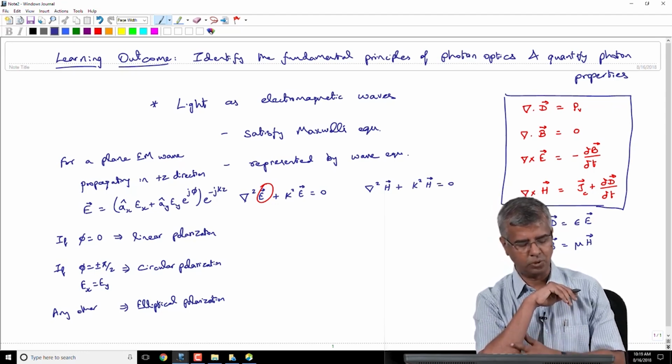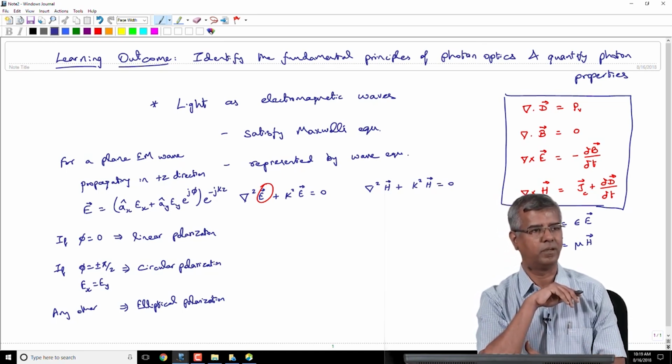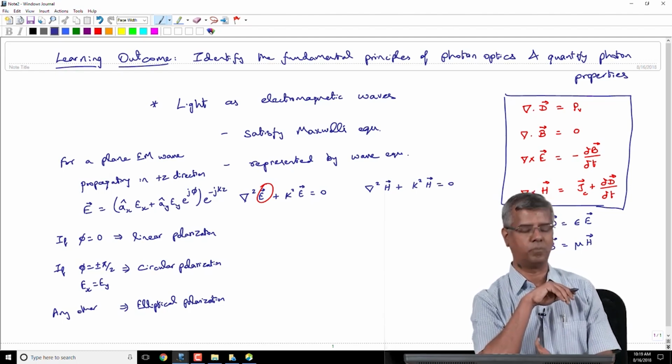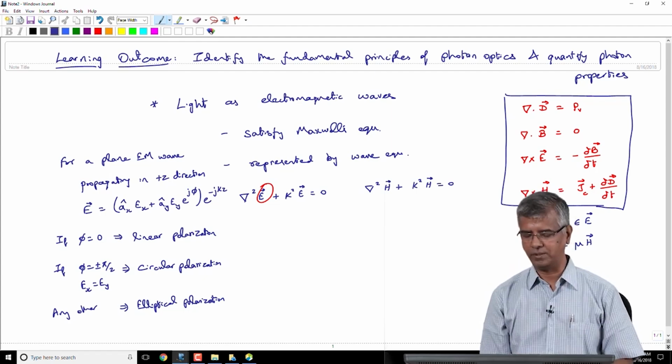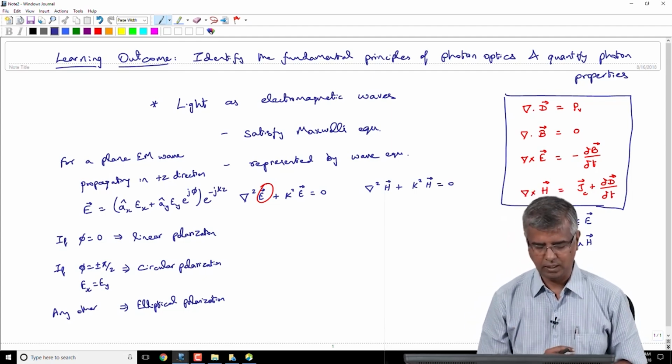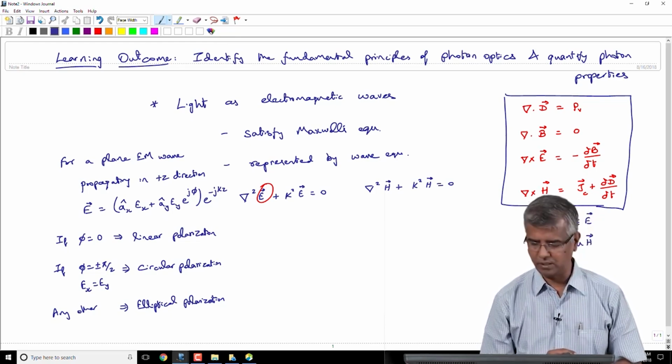Just enough to understand at this point that light could carry a certain polarization, right. This is all stuff that you would have seen in one of your courses in electromagnetic fields, right, basic courses in electromagnetic fields.